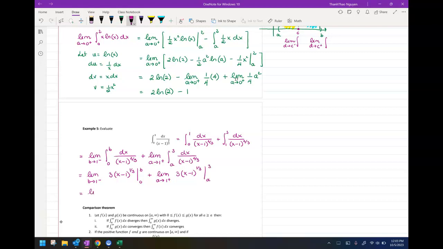So this is the limit as b approaches 1 from the left of 3 times (b minus 1) to the 1/3, minus the limit as b approaches 1 from the left of 3 times (negative 1) to the 1/3.